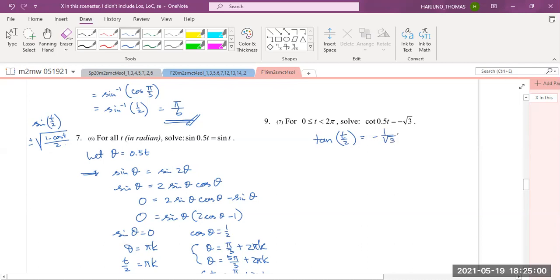But tangent is negative when tangent is in quadrant 2 or 4, right? In quadrant 2, for reference angle 30 degrees, that's 5 pi over 6 plus pi k, which is the period. Pi is the period of tangent and cotangent, now multiplied by 2.